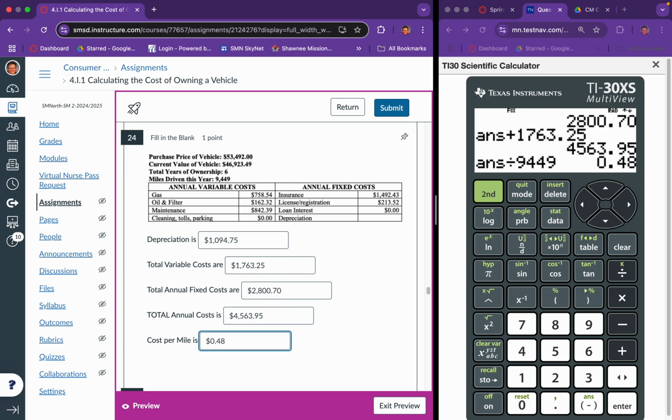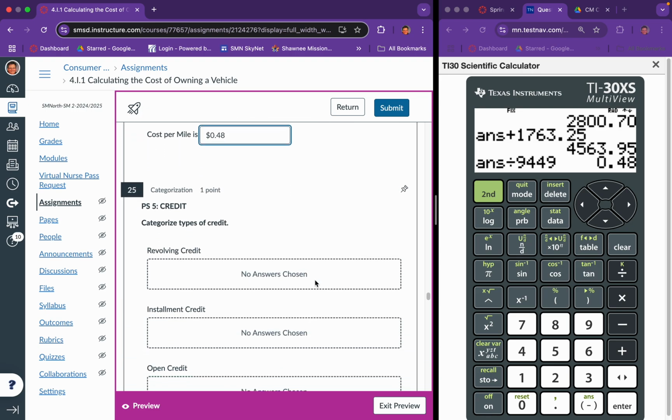If your job is 10 miles from your house, it costs you $4.80 to drive to work and $4.80 to come home from work. So if you make $11 an hour, the first hour you work, it pays for your transportation to work and home.